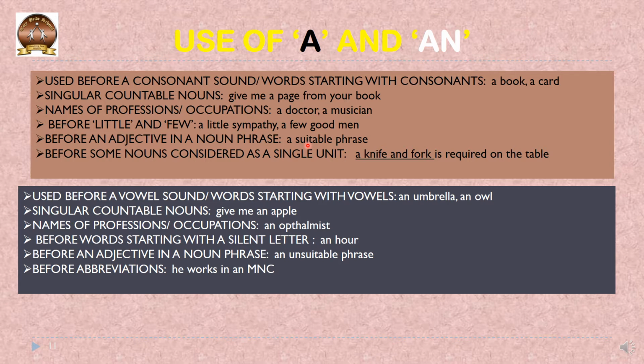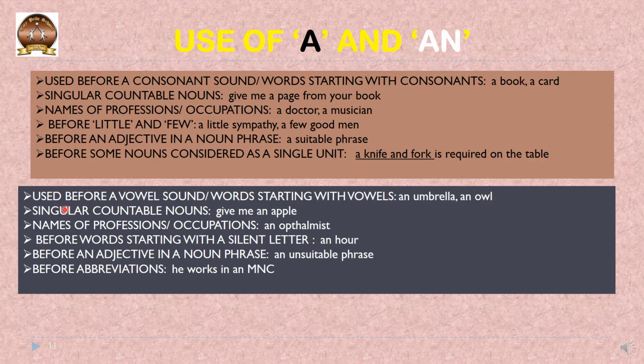So, a few. Before an adjective in a noun phrase, like a suitable phrase. So suitable is an adjective. Before some nouns considered as a single unit, like a knife and fork. So this is considered as one, knife and fork. So a knife and fork is required on the table.